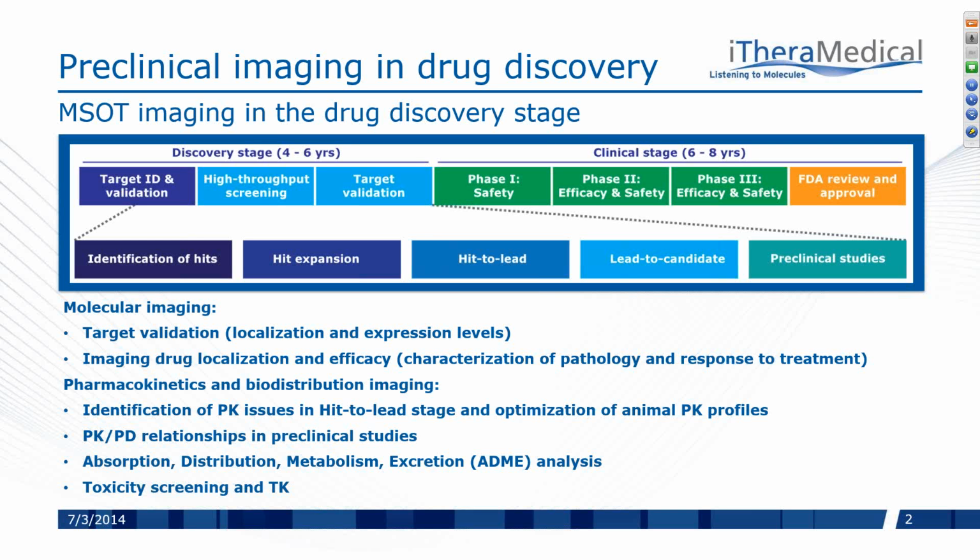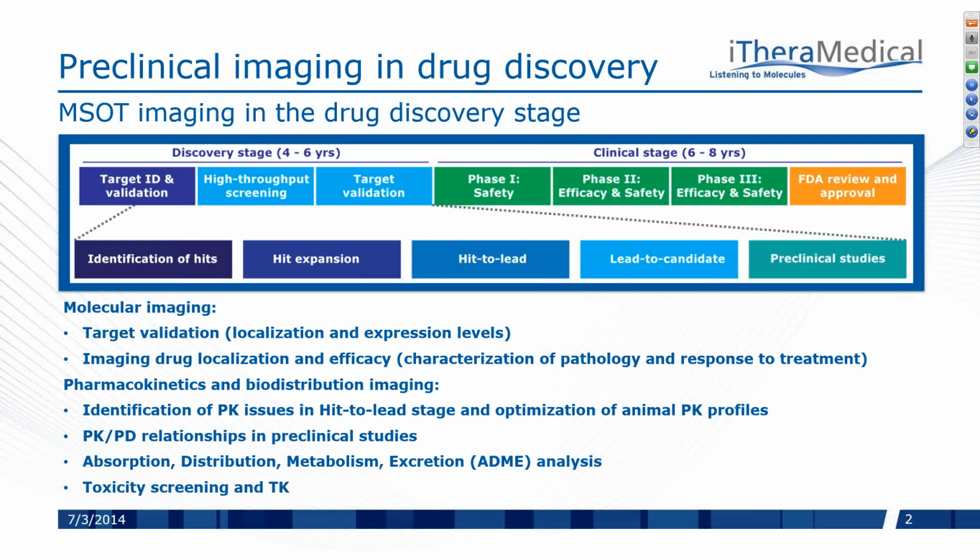So I'll show some examples on how we can use MSOT imaging specifically to look at PK profiles non-invasively. Secondly, we can also establish pharmacokinetic, pharmacodynamic relationships in preclinical studies, and this will be very important to get an idea of the time and the efficacy of the drug that you're trying to develop.